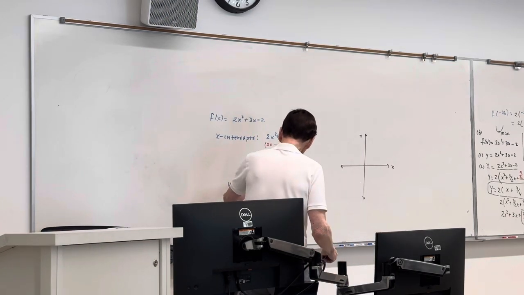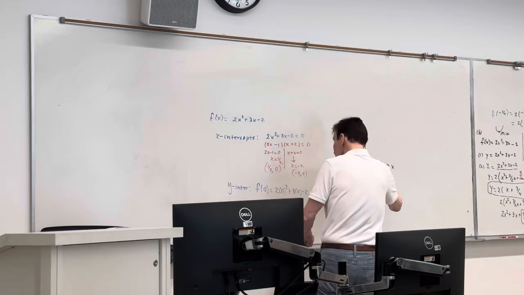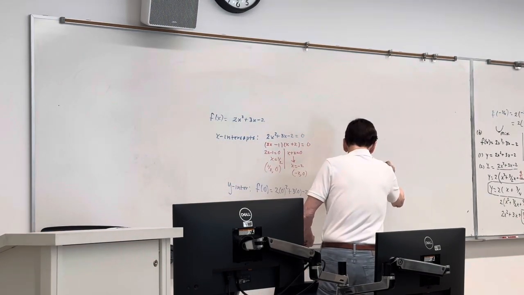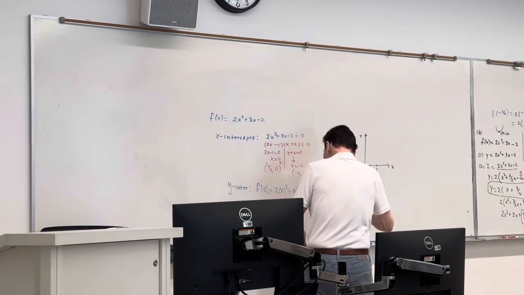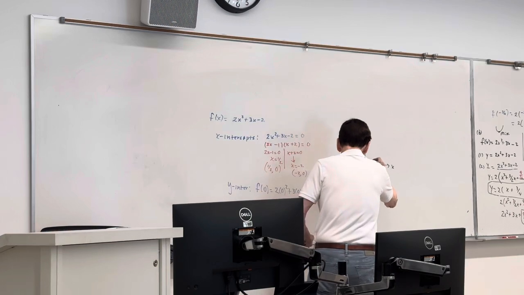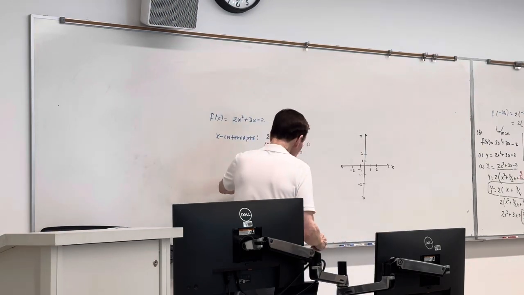Okay, guys, I'm going to plot these first. 1/2, 0. Put some numbers on the grid, just get ready to go. Okay, my x-intercept one was 1/2, 0.